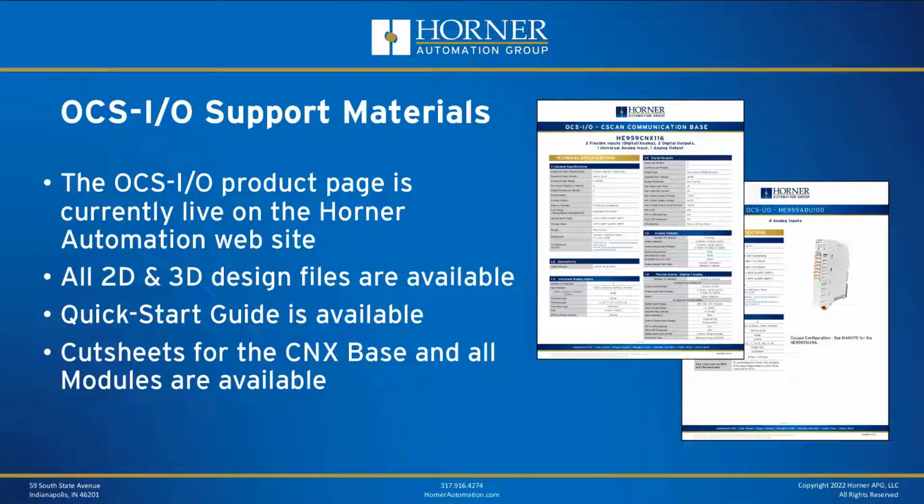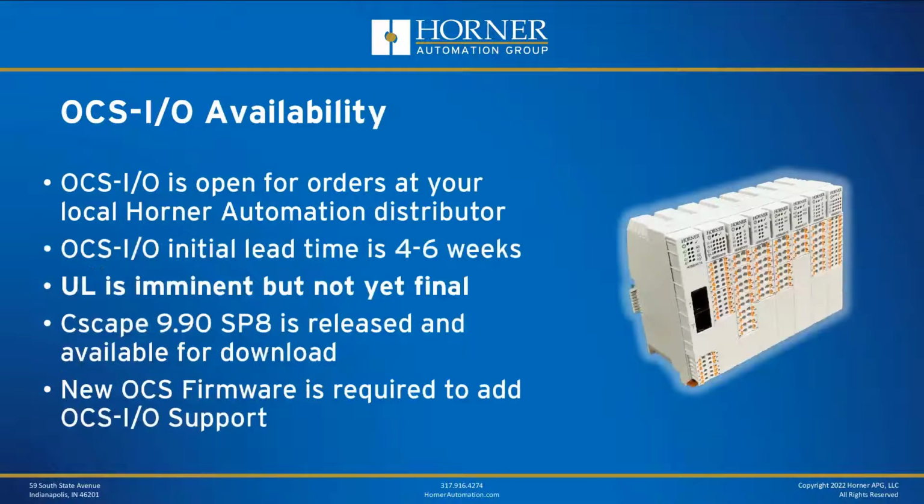So all the 2D and 3D design files are up there now. So if you're looking to potentially see how well the OCS-IO fits in your control enclosure and you want to do some 3D modeling, all those drawings are up there and available for you to download. And of course, we've got cut sheets as well as quick start guides available for you to download as well. So all those are available on the OCS-IO product page on our website.